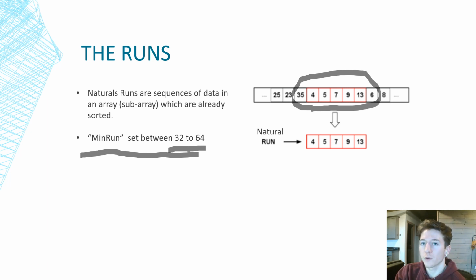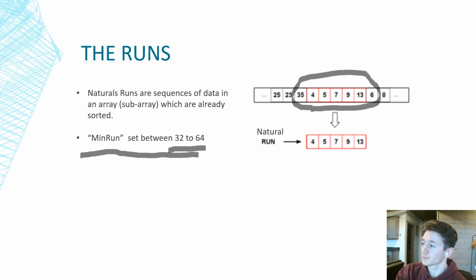The reason for this is to not only keep our runs small so that insertion sort can perform optimally on them, but also not too small to the point that we have so many runs and then therefore perform so many merge operations. As another note, we'd like the number of runs we have to be equal to 2 to the power of something. This also improves merge functionality.